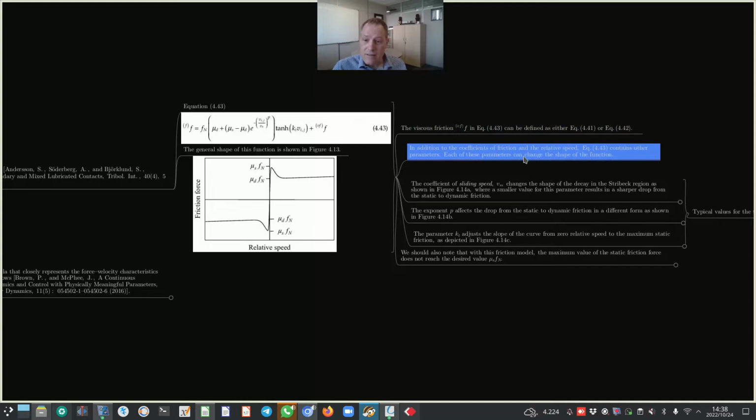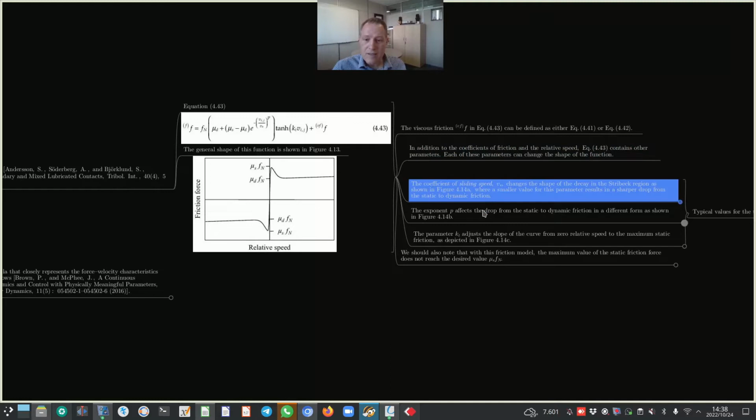In addition to the coefficients of friction and the relative speed, equation 4.43 contains other parameters, each of which can change the shape of the function. And we'll look at how the function is affected by these parameters next.